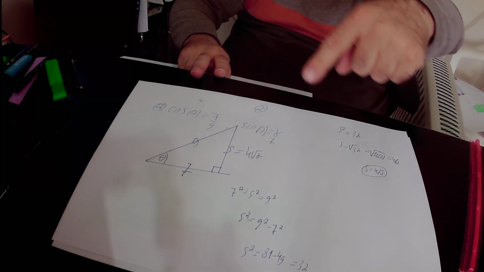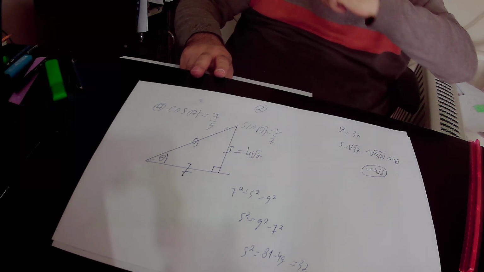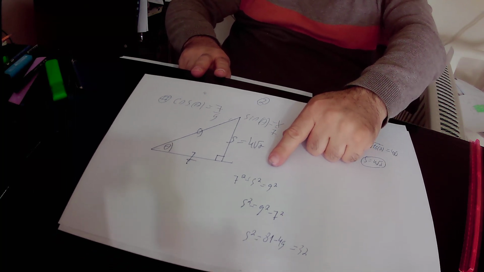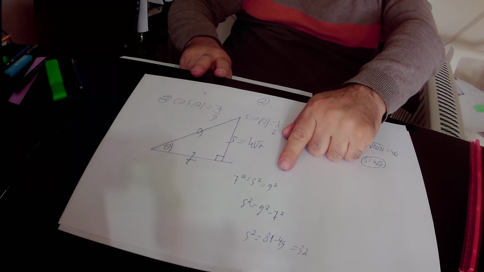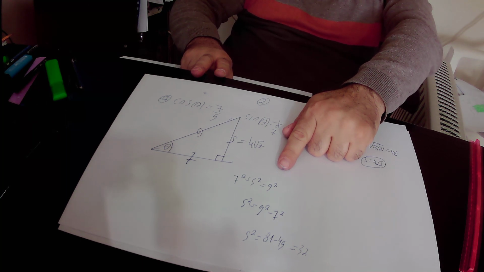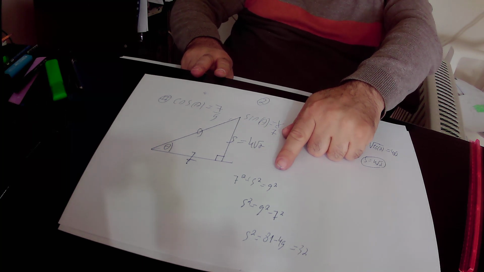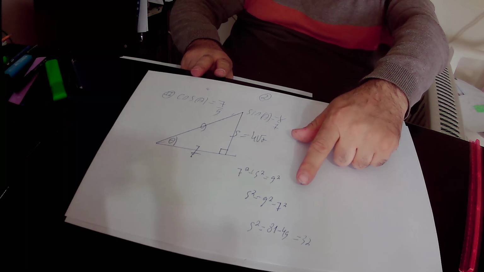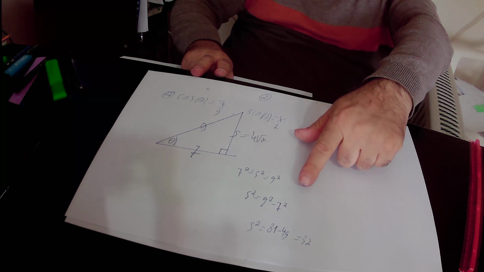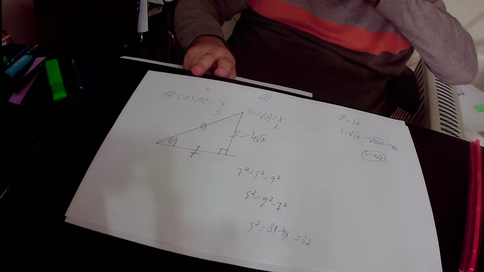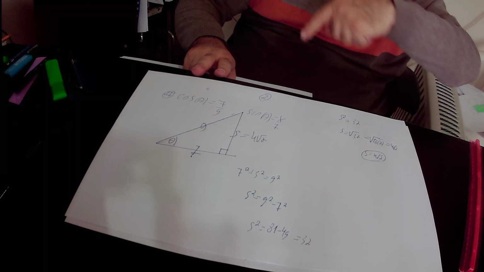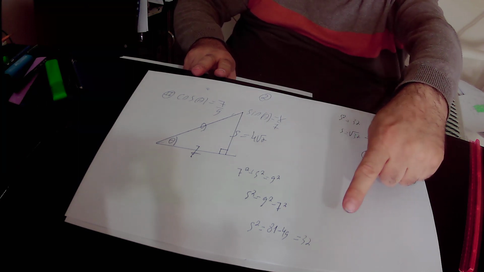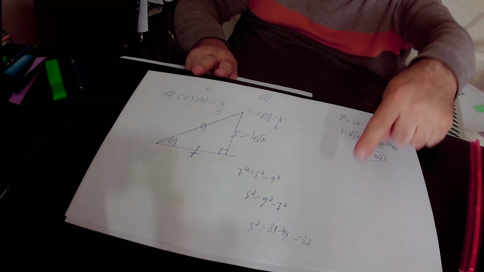The square of the hypotenuse equals the sum of the squares of the perpendicular sides, that is to say 7 squared plus s squared equals 9 squared. We subtracted 7 squared from this equality, and we got that s squared equals 9 squared minus 7 squared. 9 squared is 81, 7 squared is 49, so 81 minus 49 is 32.